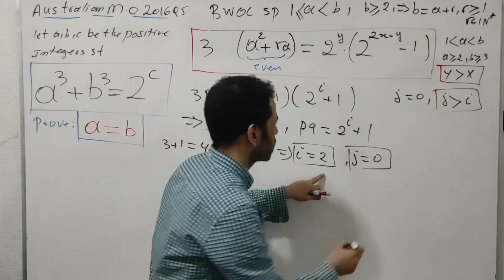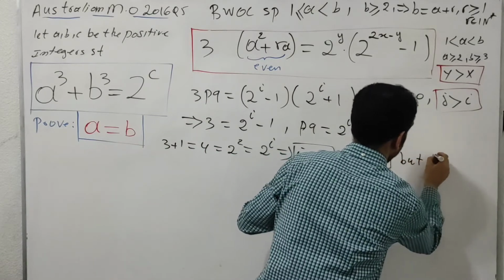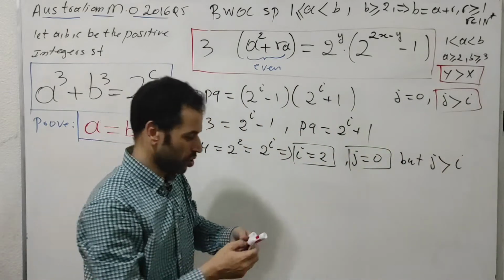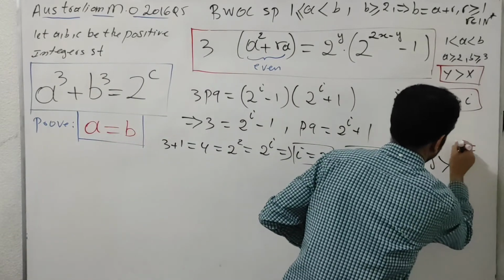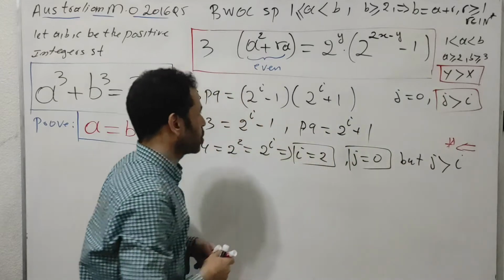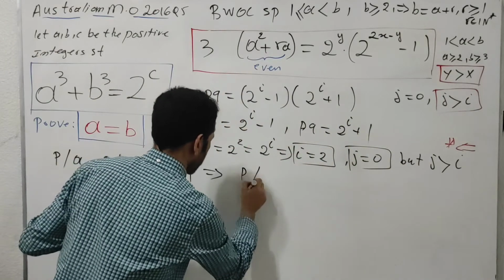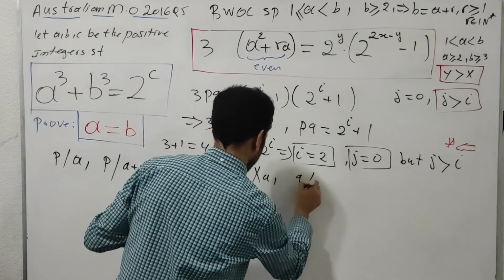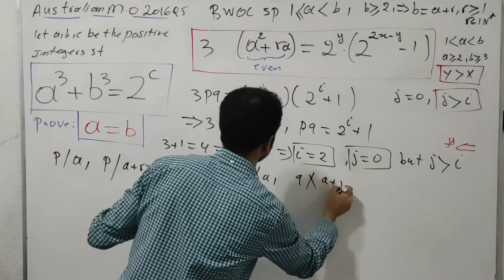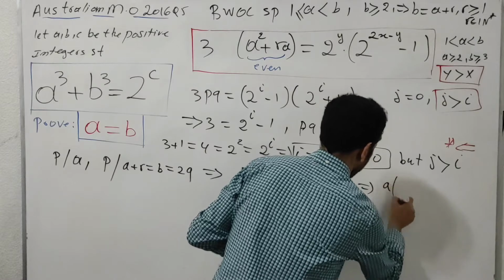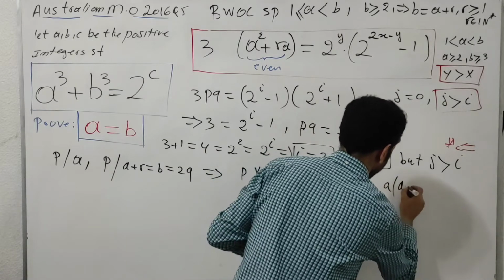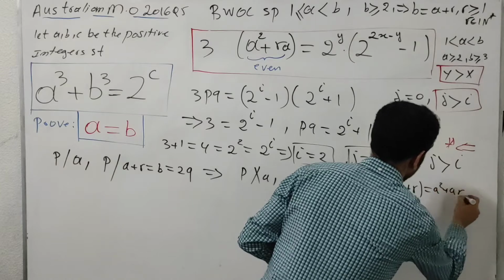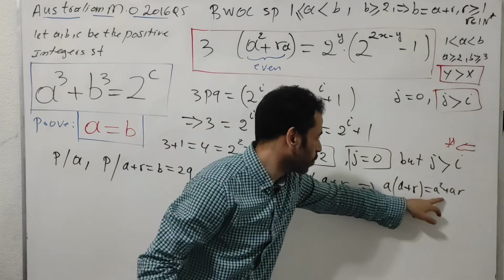But j is strictly greater than i, which is a contradiction. What does contradiction mean? That means p does not divide a, and q does not divide e plus r. So the product that we had before, a multiplied by (e plus r), plus a squared plus er, is an even term, not a multiple of the prime numbers.